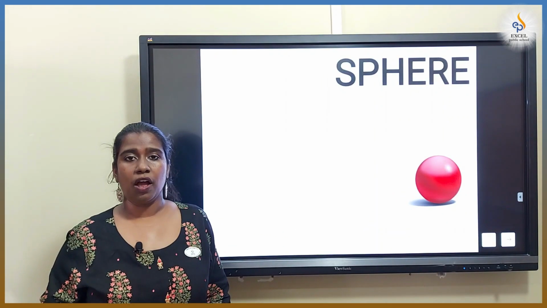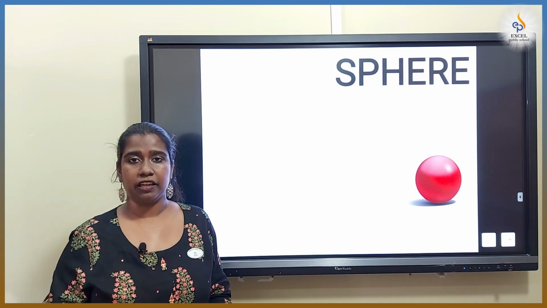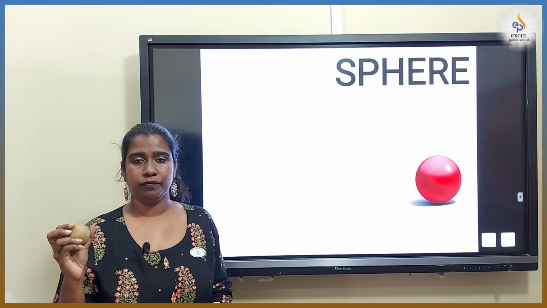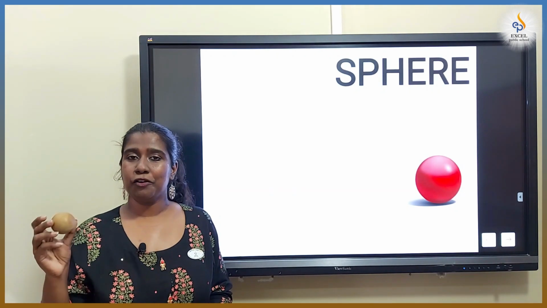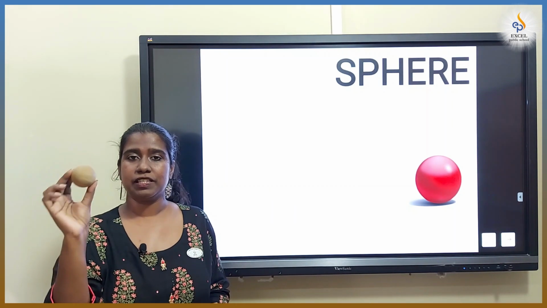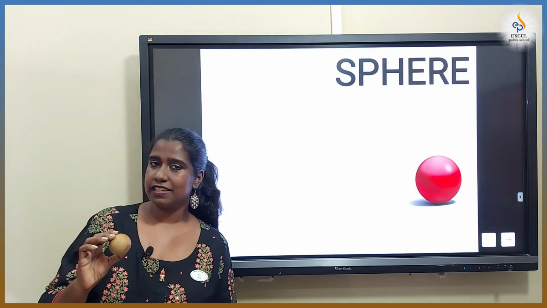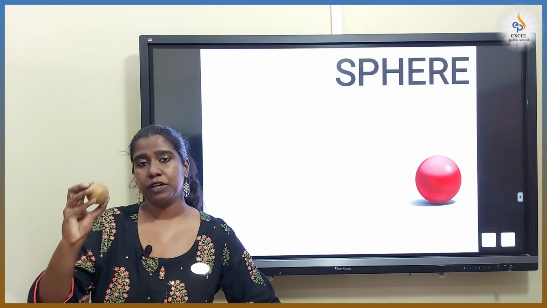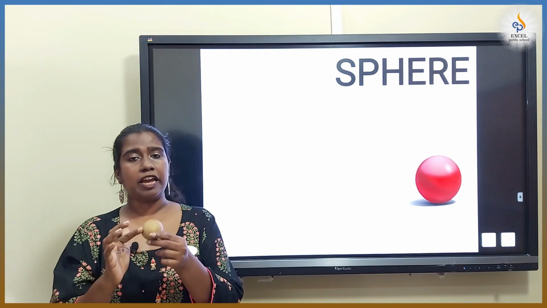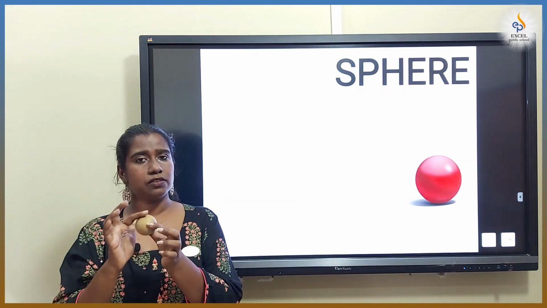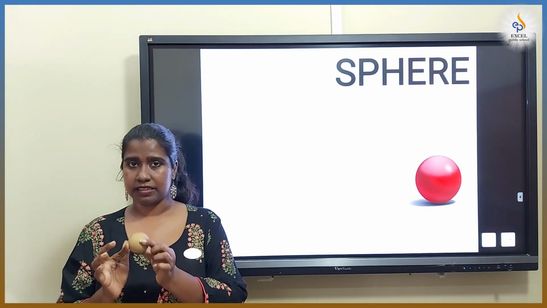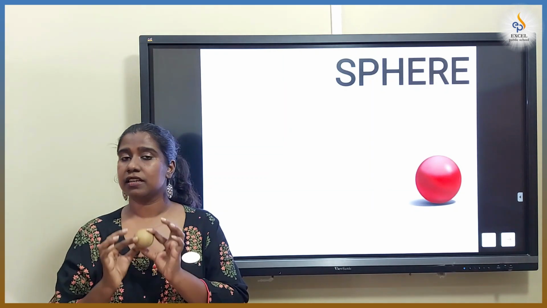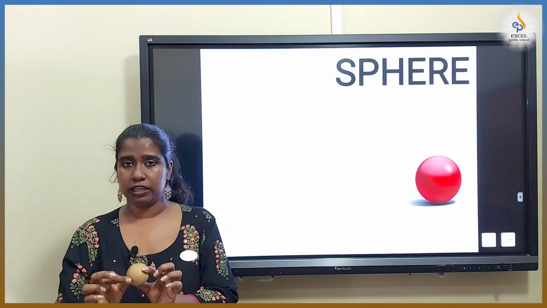Pause the video and go and find something which is similar to a sphere. I hope you have found something which is similar to a sphere. Shall we start counting? Children, take a look at the sphere carefully. Are you able to find any vertices over here? Yes. There are no vertices for a sphere. That means a sphere has 0 vertices.